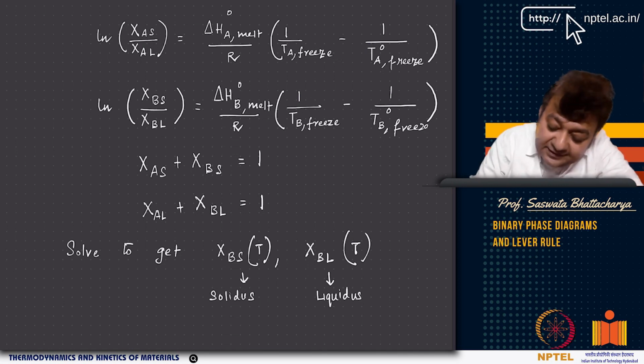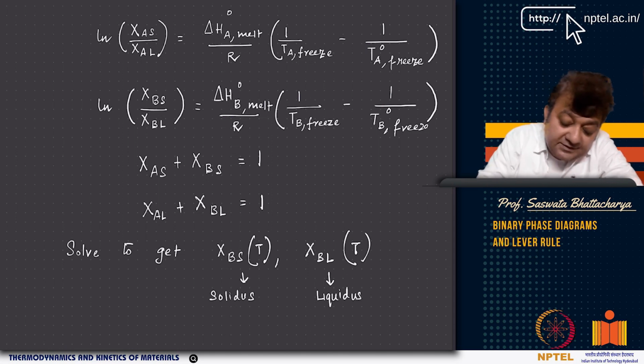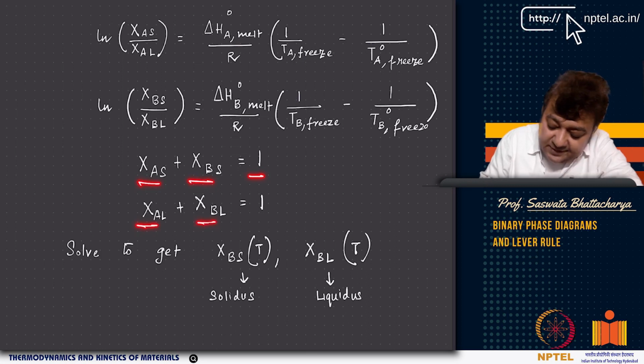So instead of writing TA freeze or TB freeze, we can directly write T freeze, and the T freeze is for an alloy which is neither pure A nor pure B.